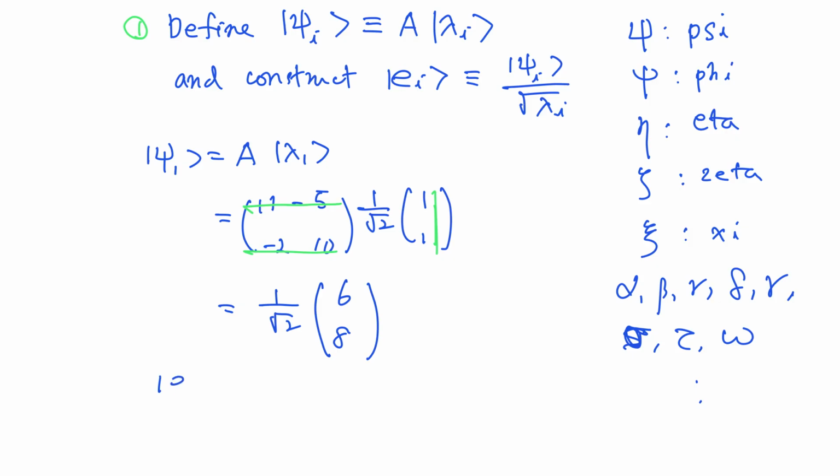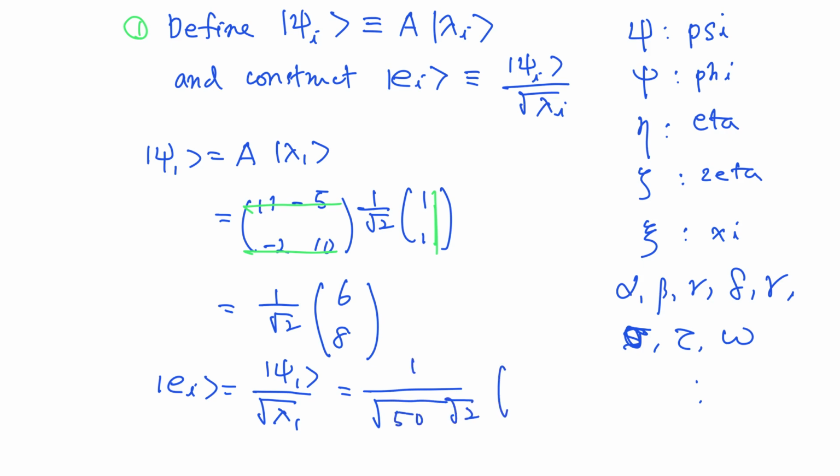And e_1 is psi 1 divided by the square root of lambda 1, the square root of 50, square root of 2 over (6, 8) is 100, which is 10, right? 1 over 10 times (6, 8), which is 1 over 5 times (3, 4). That is e_1.